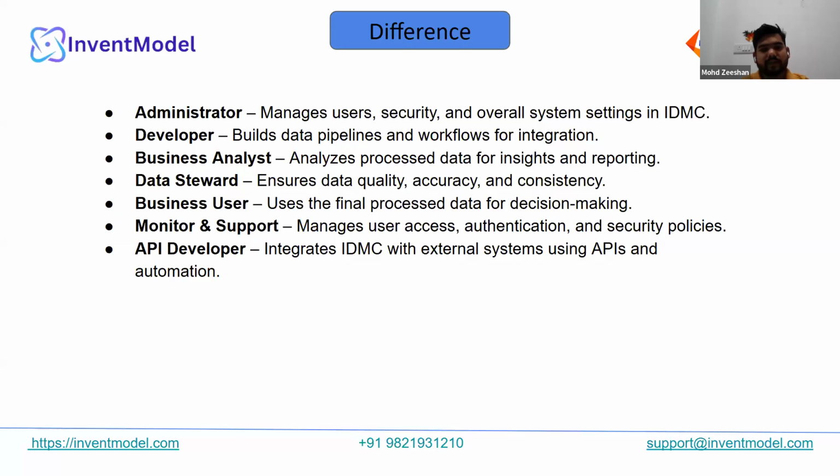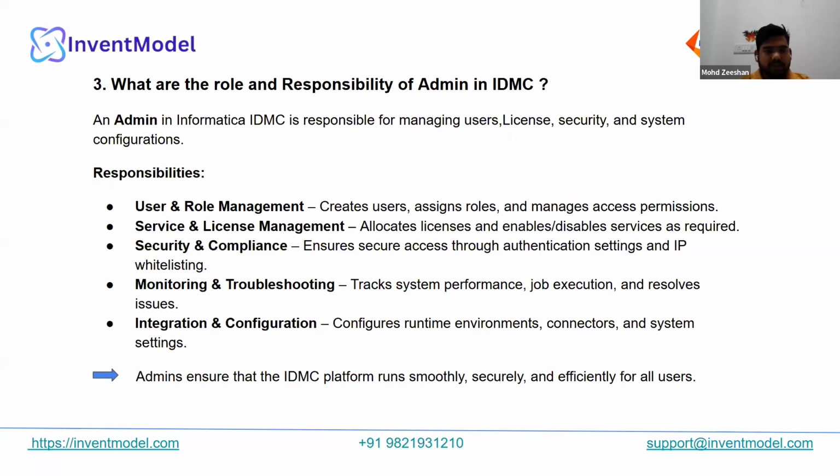So we have some external system or external source, and we can interact with these sources, complete our task, and then move back to our own IDMC project. Okay, so those are the uses of different developers. And now let's move to the next.